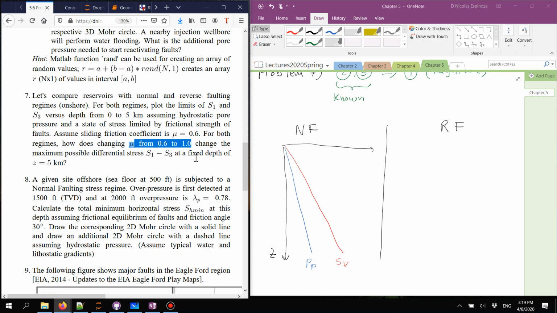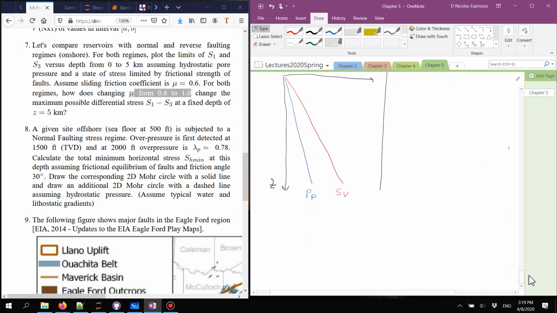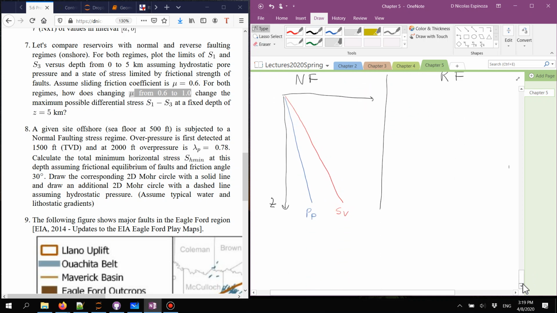So after you put all your numbers, remember the first thing that you have to do is to compute the vertical stress. This is what you know in this case.